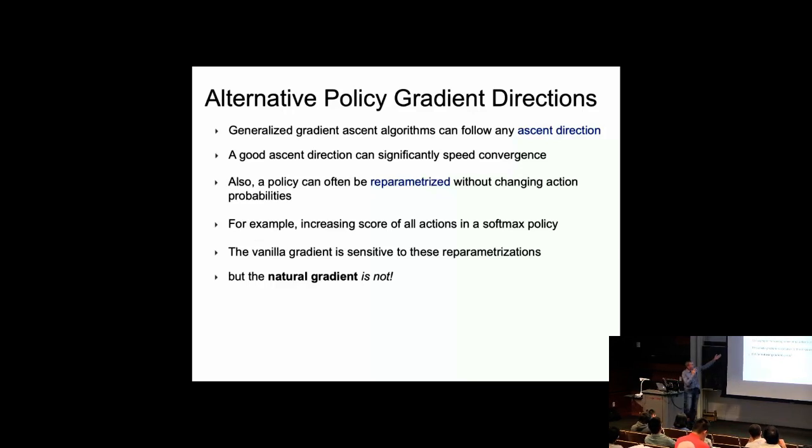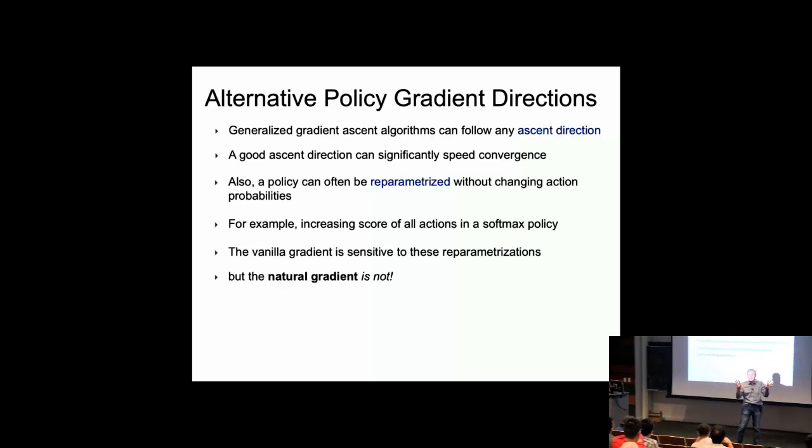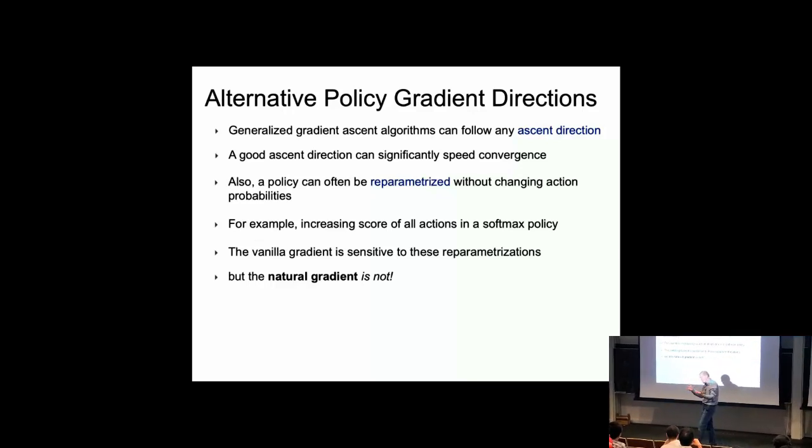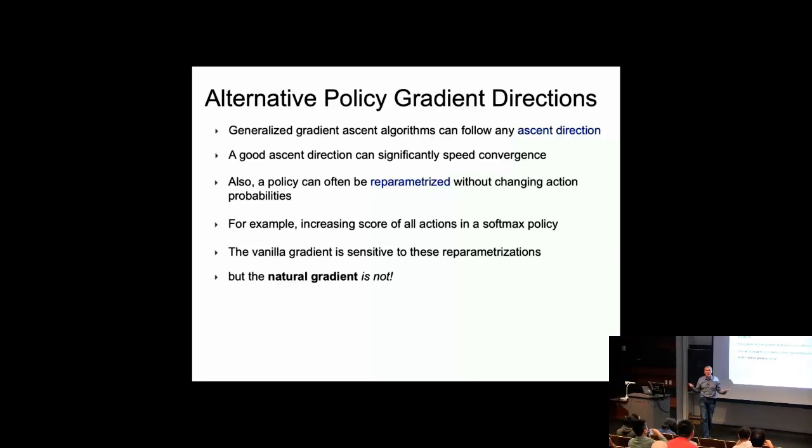Well, for example, as it says here, if you even take something like a softmax policy and change the score for all the actions, you can change the gradient. Another example, which is in one of the readings that I suggested, compares polar coordinates with Euclidean XY coordinates and shows how the gradients with respect to those policies based on those two coordinate systems give different gradients.